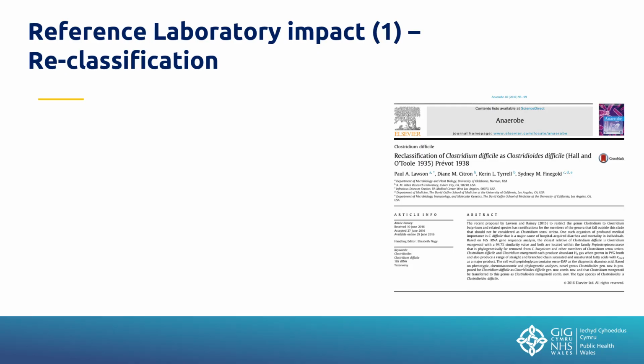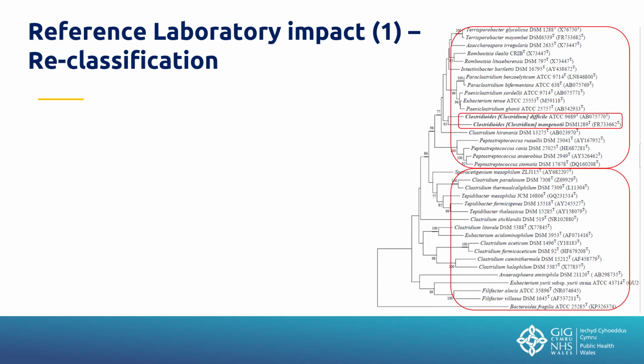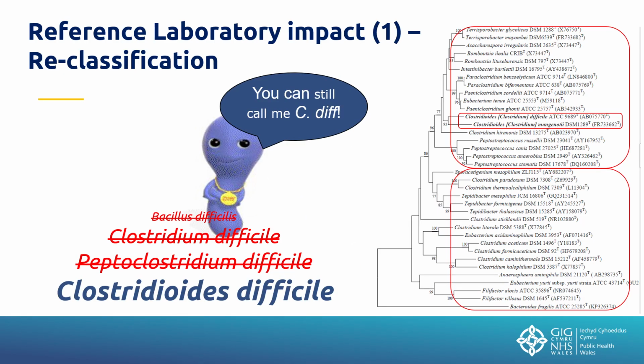And Lawson and colleagues put this publication together a number of years ago that clearly demonstrated that Clostridium difficile didn't belong within the Clostridium group, and thankfully they proposed the name Clostridioides difficile, which was very different to what had been proposed from a number of other sources over the years up to that point. So thankfully you can still call me C. diff.